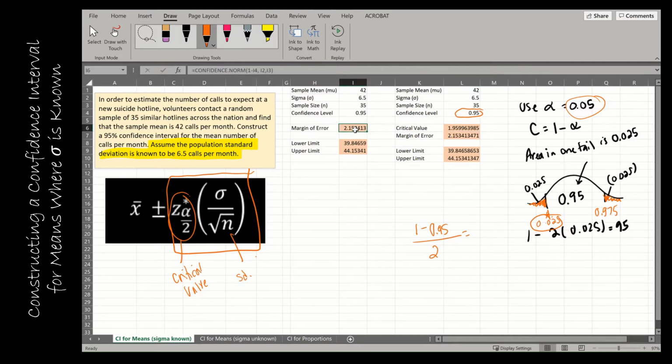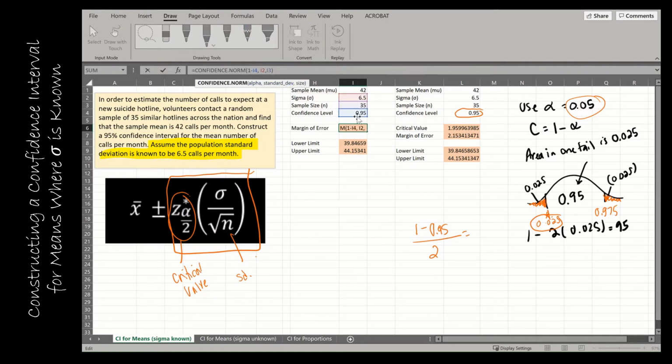Well, this is a confidence interval, and one of our Excel functions is confidence norm, and it's going to give me the margin of error. That's the output for the confidence norm function, the margin of error for a normal model, and that's what we're dealing with when sigma is known. And so again, notice as I'm using confidence norm, the first one is alpha.